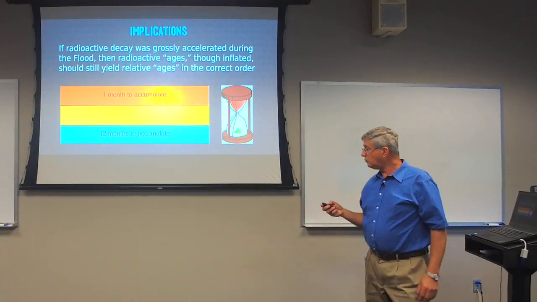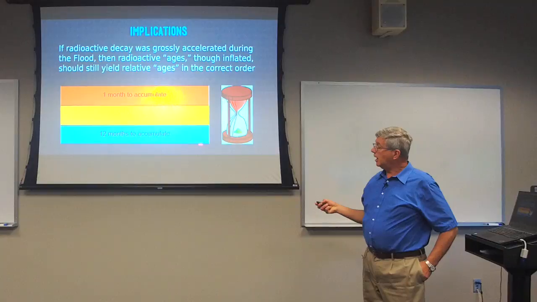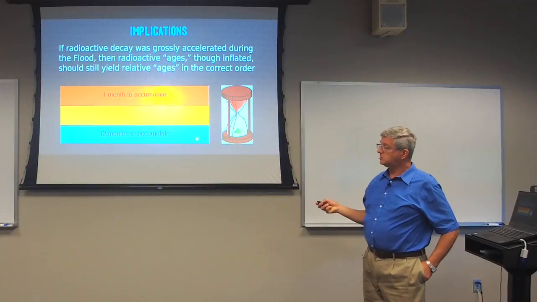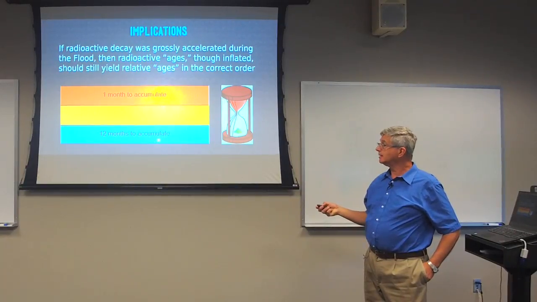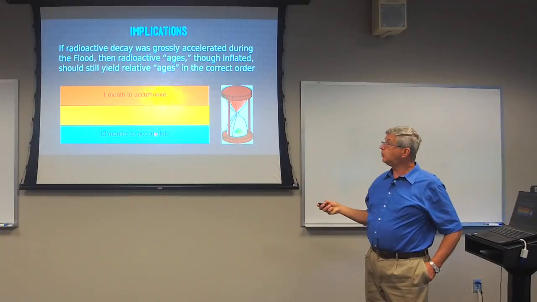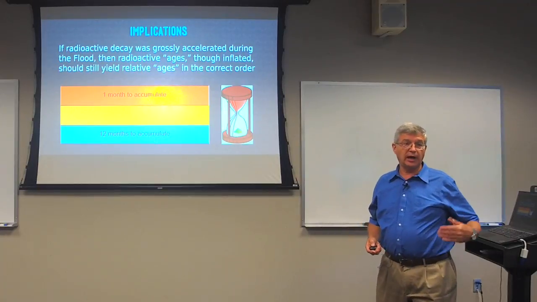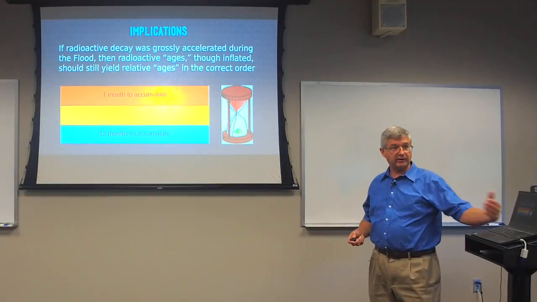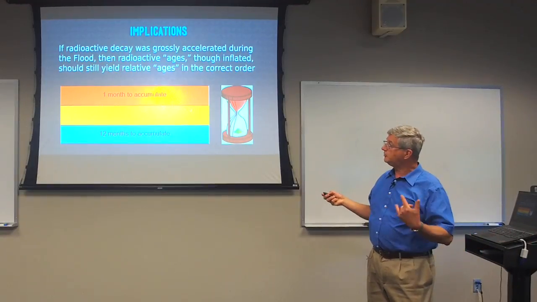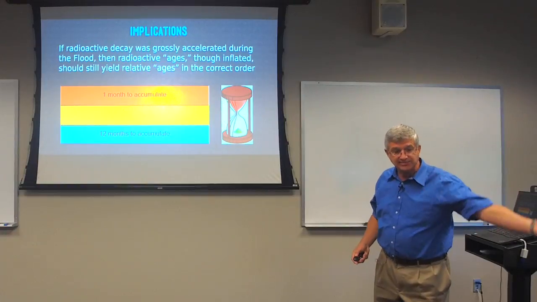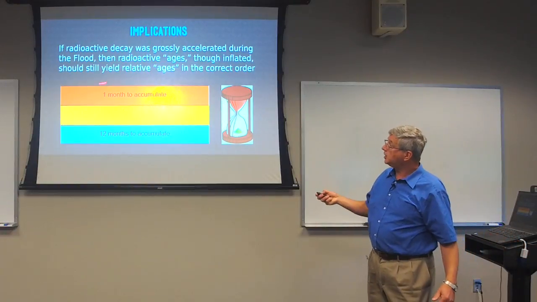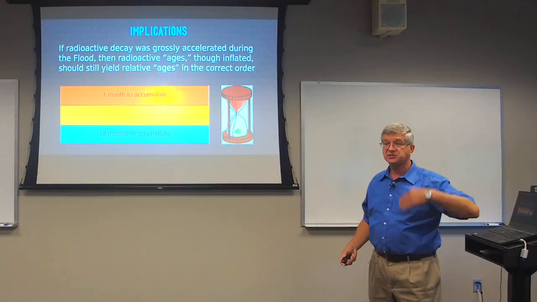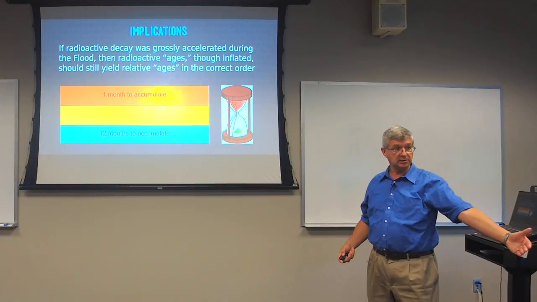Why? Well, a rock that was a lava erupted in the first month of the flood would go through 12 months, a year, of accumulation of daughters at an accelerated rate. Whereas a lava flow that erupted in the last month of the flood would only accumulate 1 month's worth of accelerated daughter products.